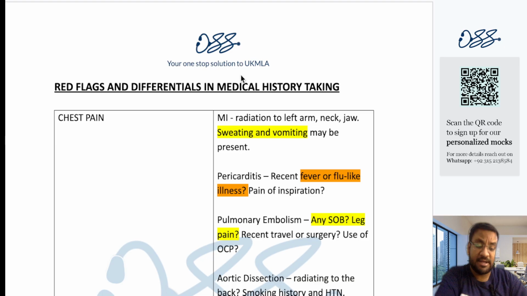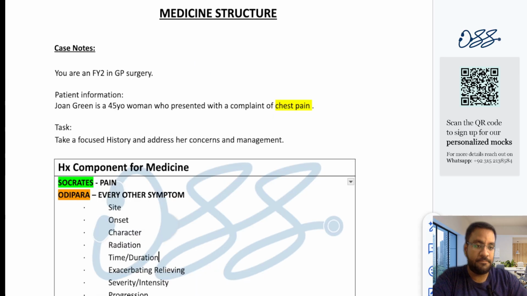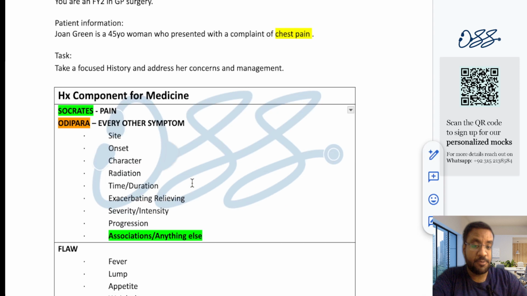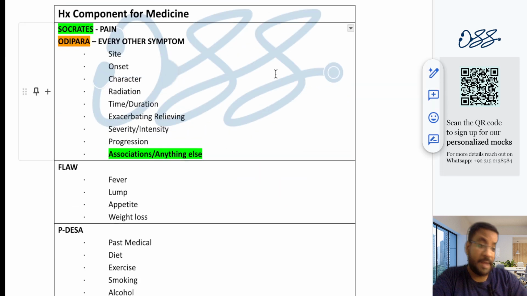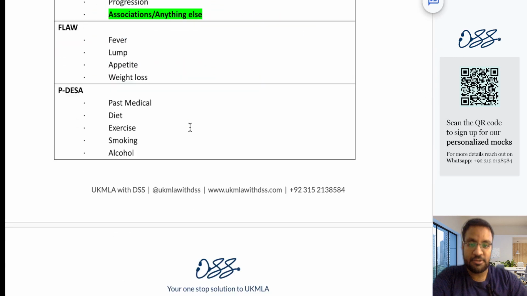It's going to take a lot of time. It's going to make the video very lengthy. So I've just shared the basic idea with you, and I've shared the differentials, and I hope that you've taken the screenshots of it so that you're aware, and when you're practicing, you use this thing.